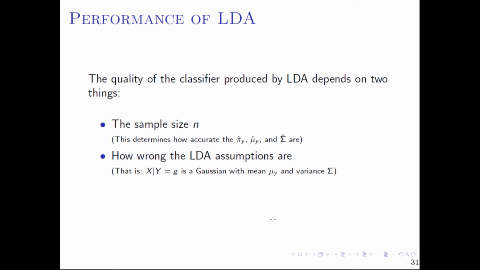For LDA, as it depends completely on the sample set, how you estimate your mean and covariance matters a lot. That is why if you increase the number of samples, you may get a better classifier, because with more samples you have a more accurate estimation of your distributions.